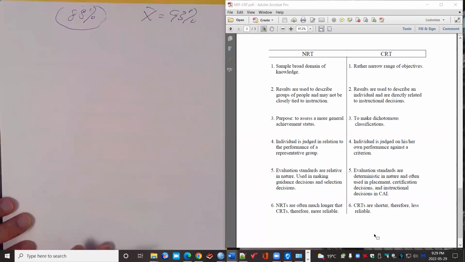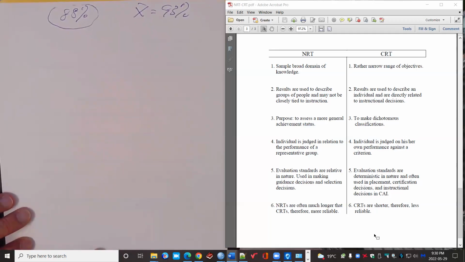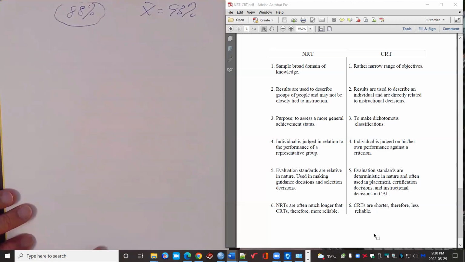Here it means what? 88% of the objectives, if there is random sampling from the population of items. If not, then it is not CRT.